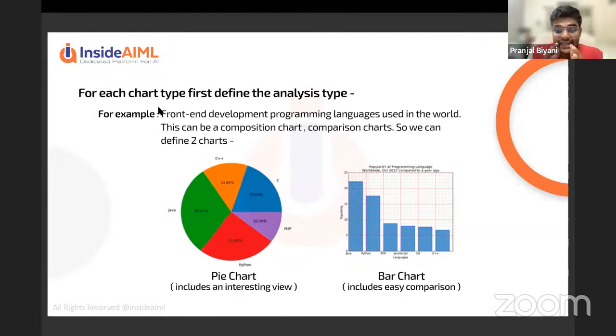Then you need to make sure you add maximum information in the chart so that my viewer, my customer, gets all the facts directly by looking at the chart. They should not have any misconception or any assumption or estimation to make.